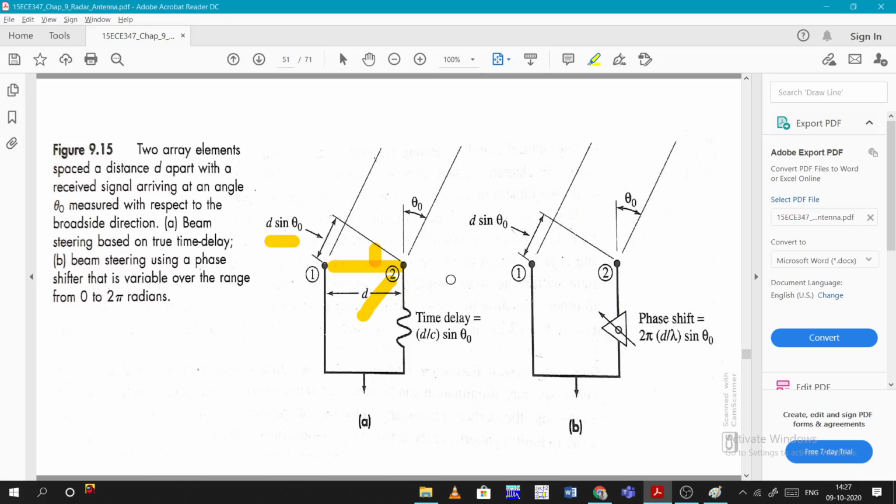One is by using time delay, and the other is by phase shift. For a certain value of theta degrees, the time delay will be d by c sin theta naught, where c is the speed of light and d is the distance here. Now coming to the phase shifter, to have a deviation of theta naught, the phase shift should be 2 pi d by lambda sin theta naught.